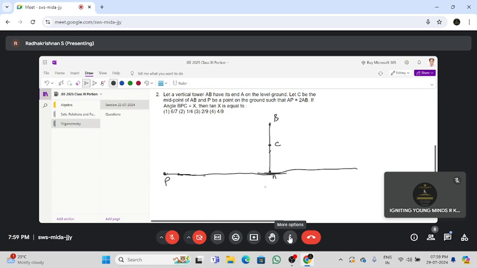If angle BPC, let's connect this, is equal to X, then what is tan X?